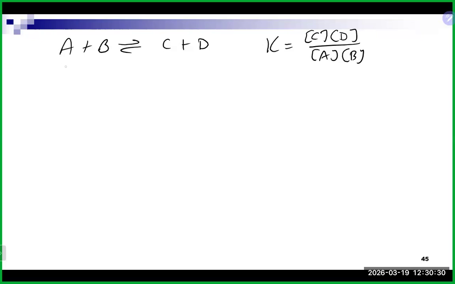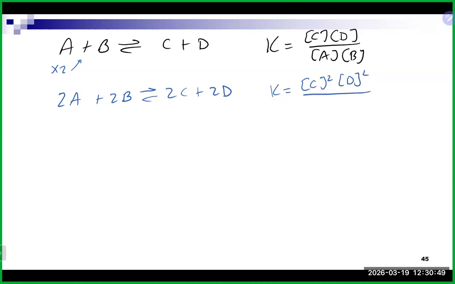I would need to multiply this entire reaction by 2. And when I do so, I get 2A plus 2B gives me 2C plus 2D. Now, if I write my equilibrium expression for this one, it would be C squared, D squared, divided by A squared and B squared. What is the difference between these two?